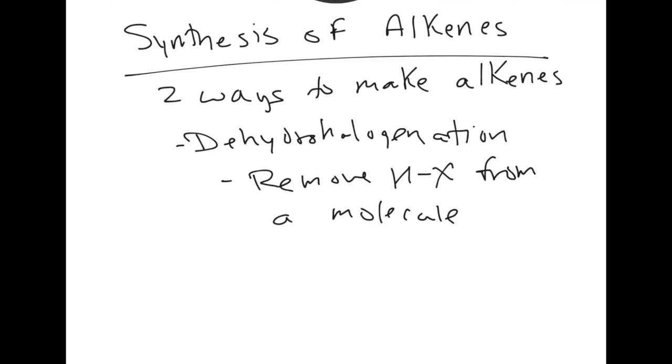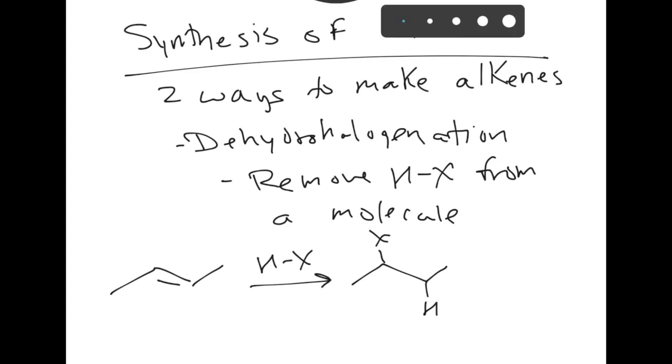So if you remember hydrohalogenation, right, where you have an alkene and you add HX and you make an alkyl halide, a thing that you've added a hydrogen next to.